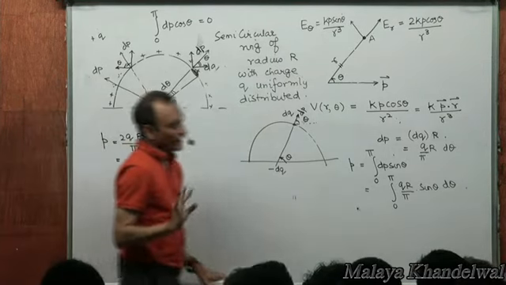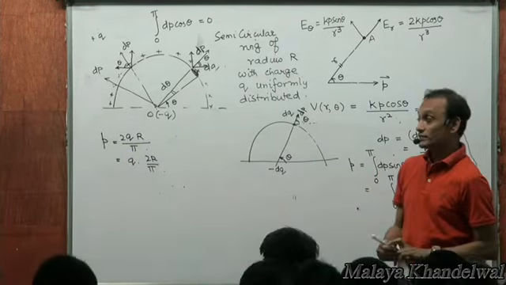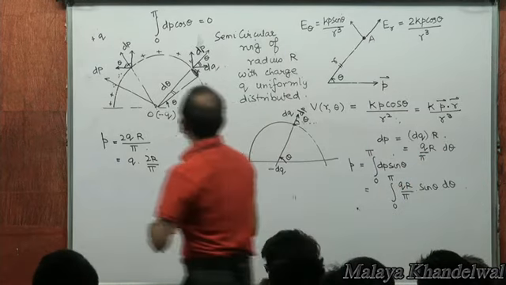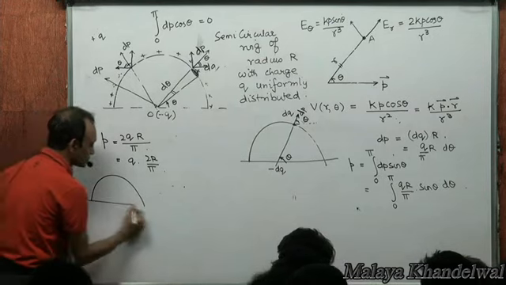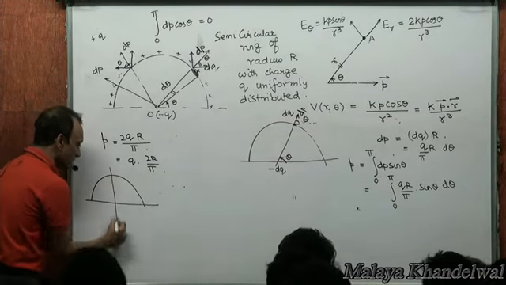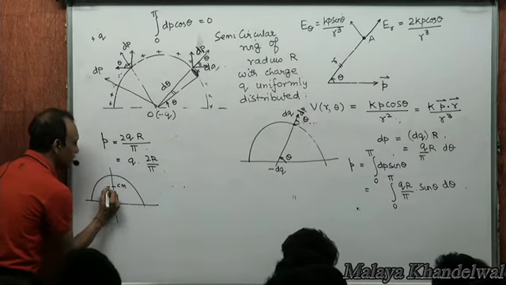Now, one would be tempted to believe the following after seeing this result. Do you remember, for a uniform semicircular ring of radius r, the center of mass is at 2r by pi?